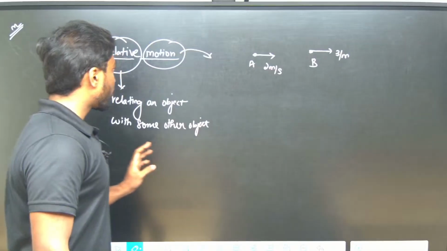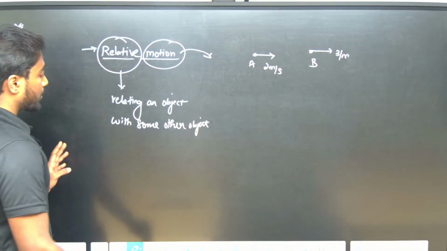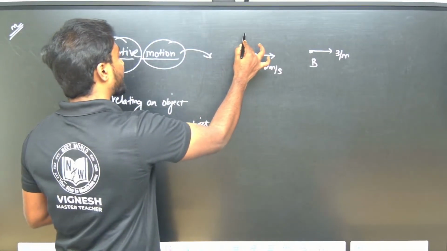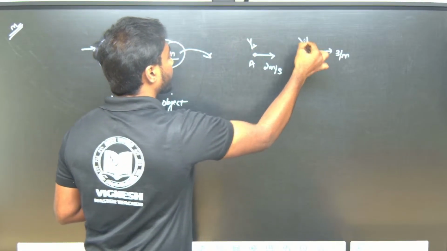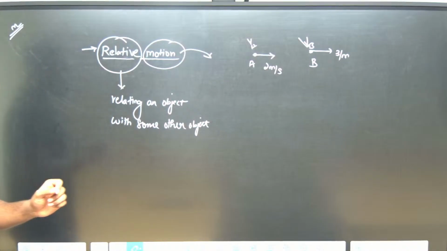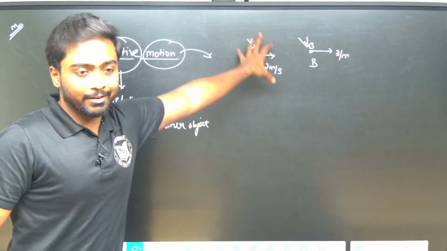When I talk about relative motion, I am talking about the position. Let me talk about velocity of A and velocity of B. Before going into the position, let me give a clear idea about that one.